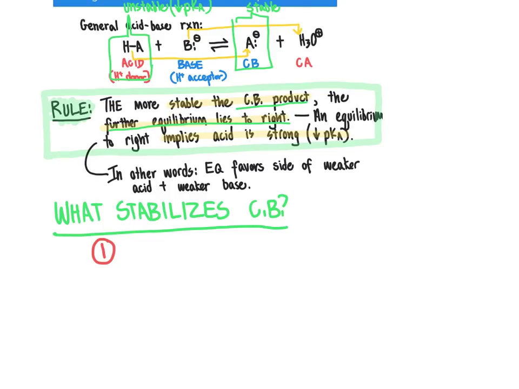So stabilize the conjugate base by placing or having the negative formal charge, so negative FC for formal charge, on a more electronegative atom. Because a more electronegative atom is better able to handle that negative formal charge and remain in a relatively stable state.